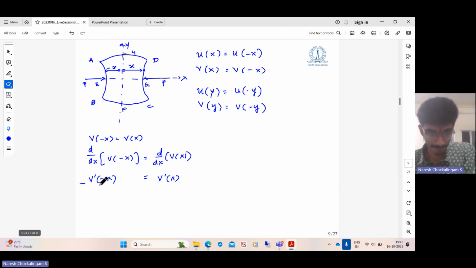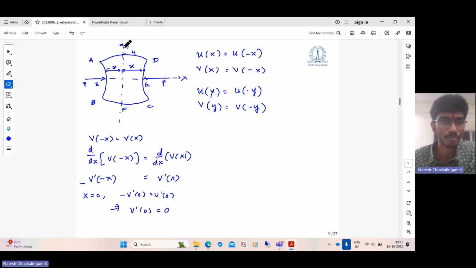So what does this mean? If you take a point such that x is equal to minus x, which point is that? If you take x equal to 0, which is along the y-axis, then minus V prime of 0 is equal to V prime of 0, which means the slope at any point along the y-axis should be equal to 0.